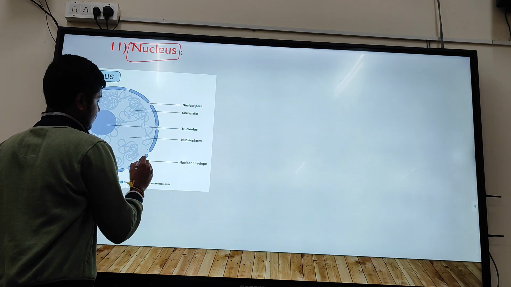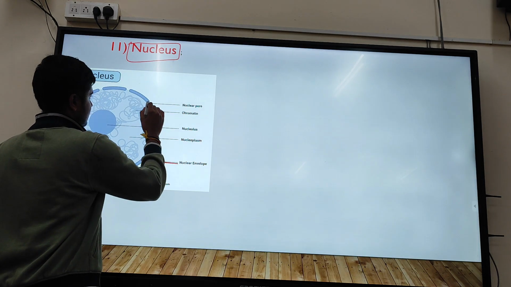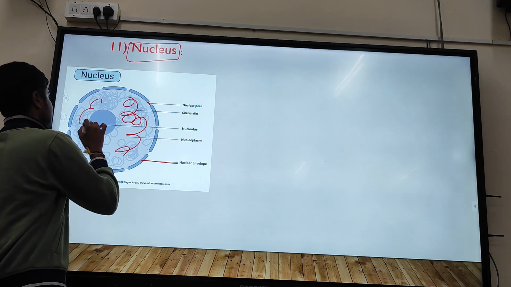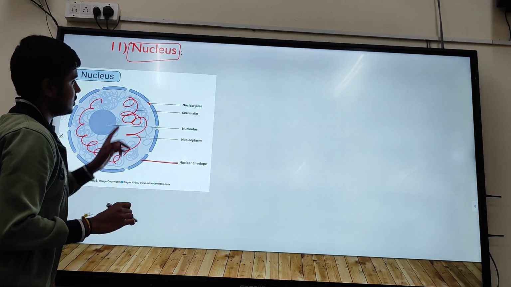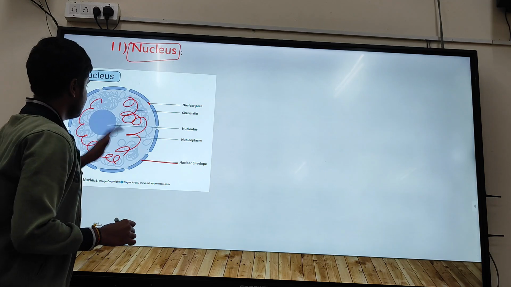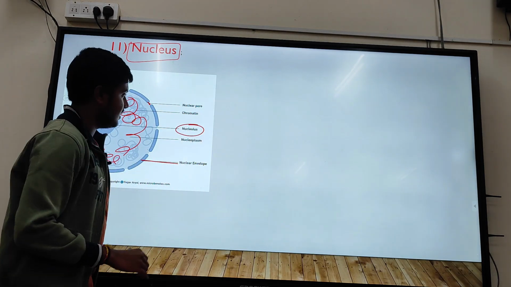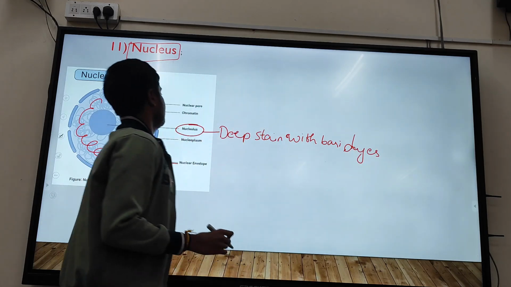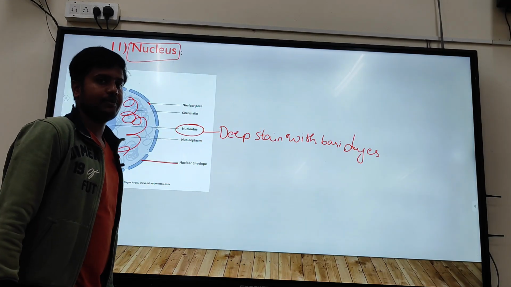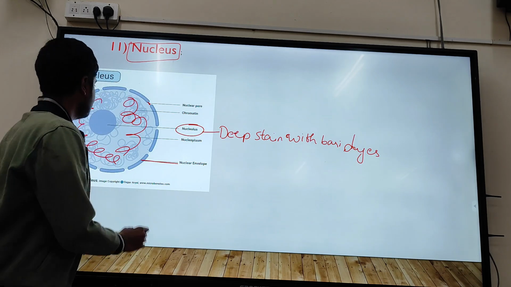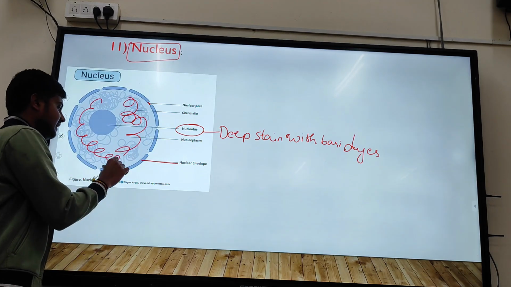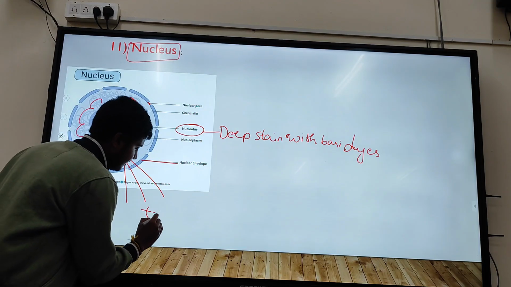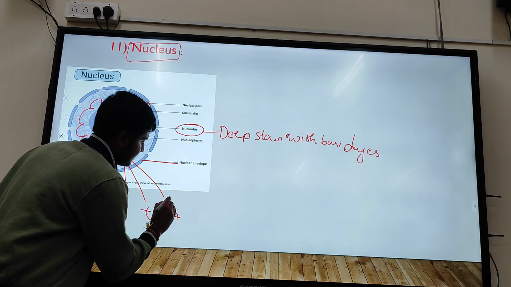Here this one is the nuclear envelope and the pore is the nuclear pore, and this projection is called the chromatin network, and this is the nucleolus. The nucleolus takes deep stain with basic dyes. It produces many ribosomes, tRNA, mRNA. You know tRNA, transfer RNA, and messenger RNA.